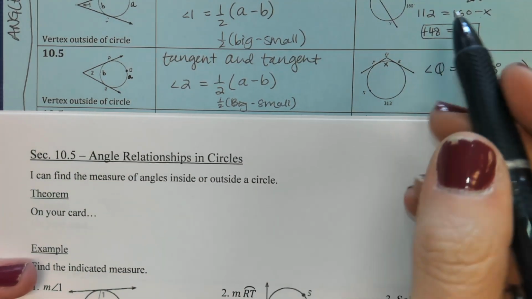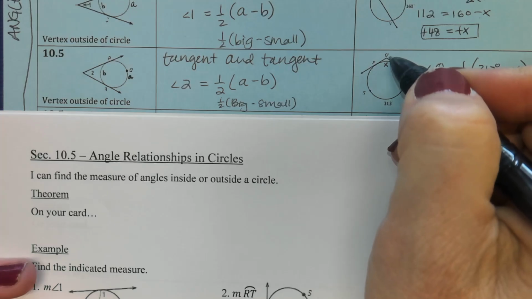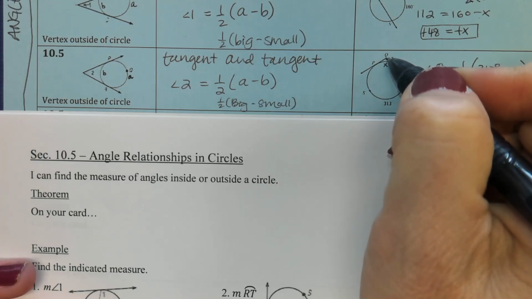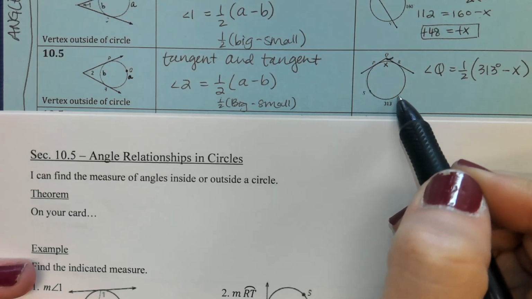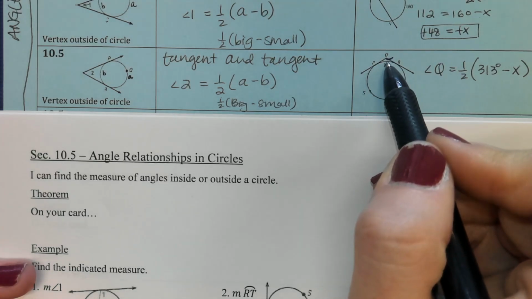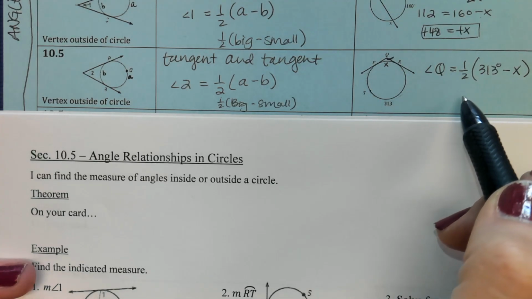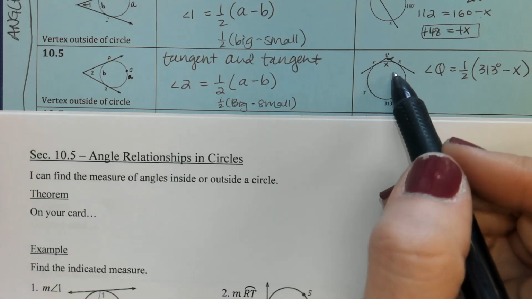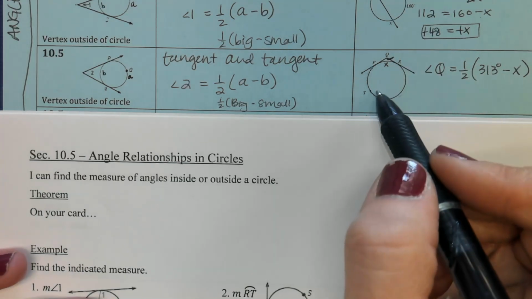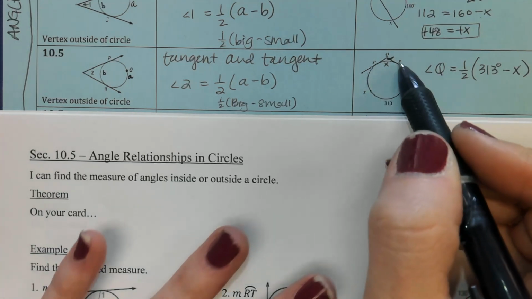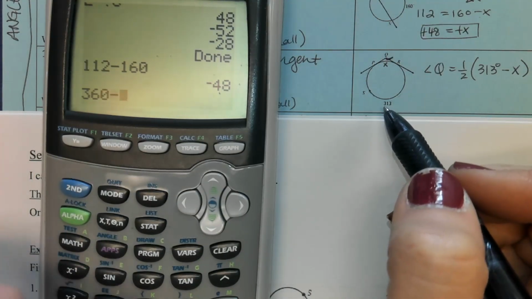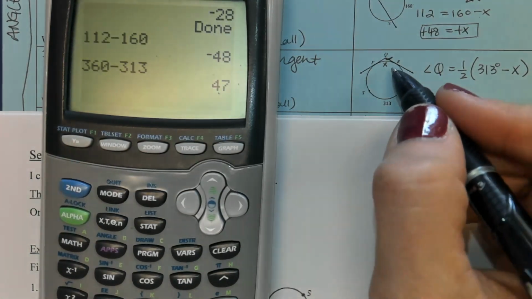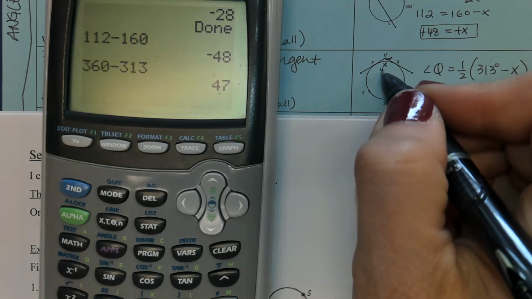The example here is angle Q, this tiny little angle right in there. It is 1/2 of 313, which is this huge arc, minus x, which is this little arc. I need one more number for this picture to work. A whole circle is 360. So 360 minus the 313 tells me that where x is, that is 47.